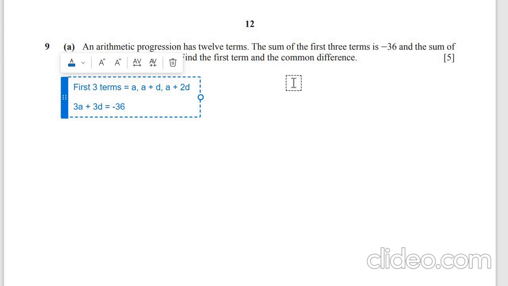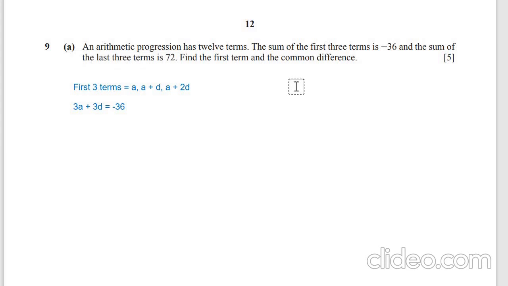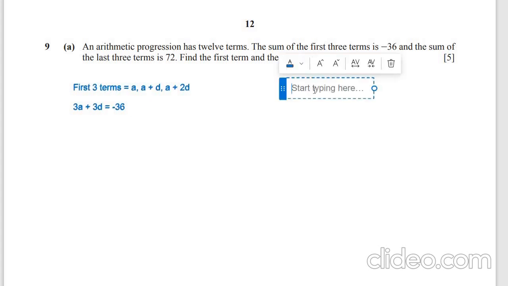And now let's think about what the last 3 terms are going to be. So the last term will be the 12th term. The 12th term is going to be a plus 11d. The 11th term is going to be a plus 10d.